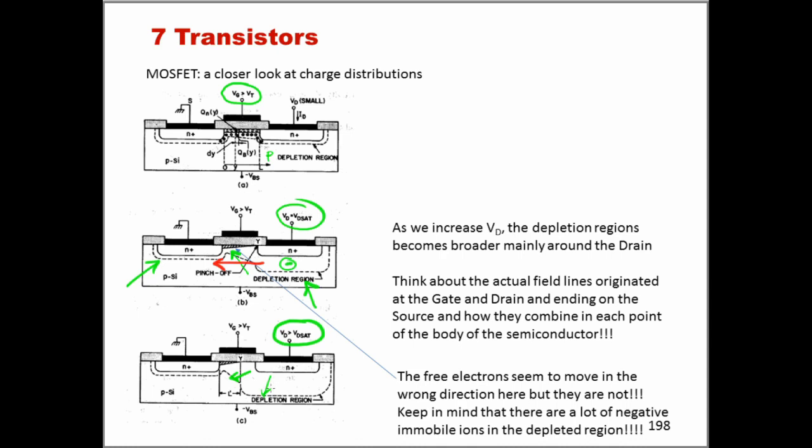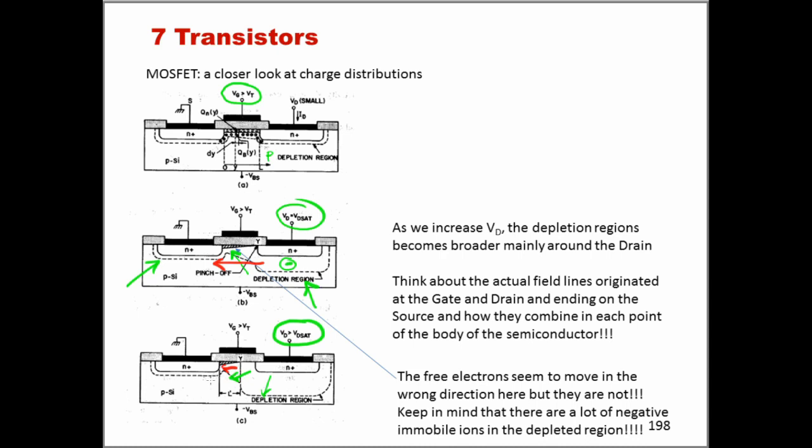And so when we increase VD beyond the saturation voltage VD sat, then the depletion region under the drain is so big that effectively the inversion region in the channel region is crushed, pushed toward the source side.